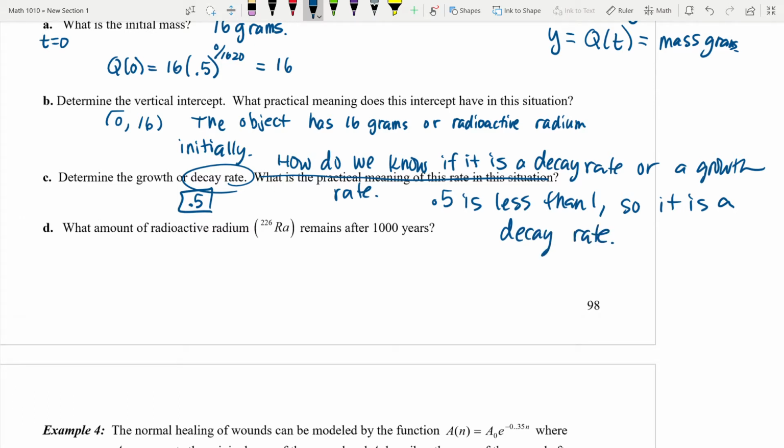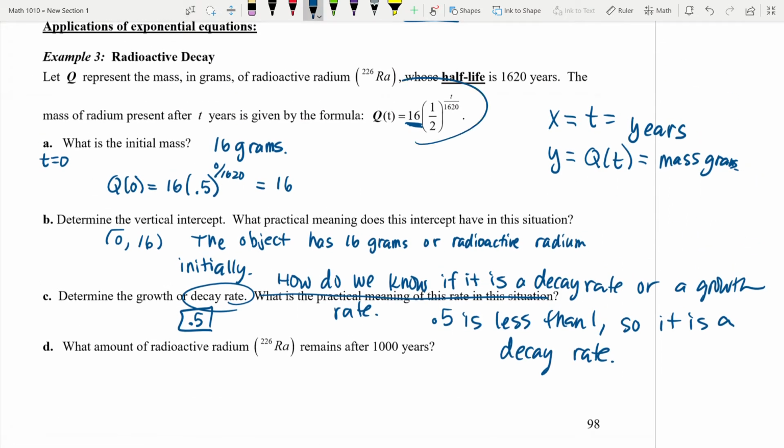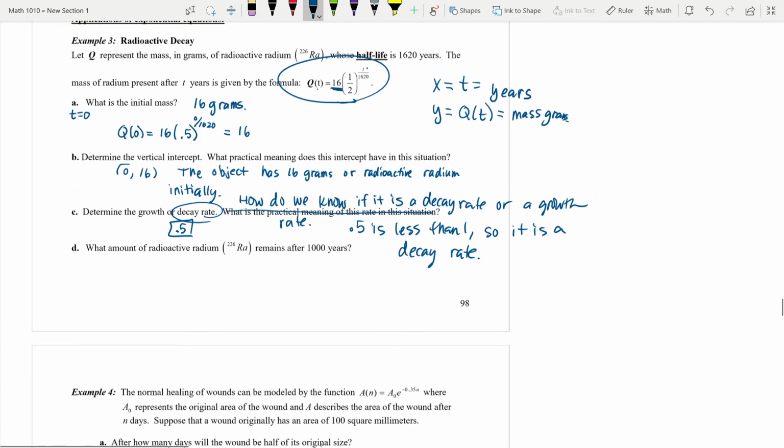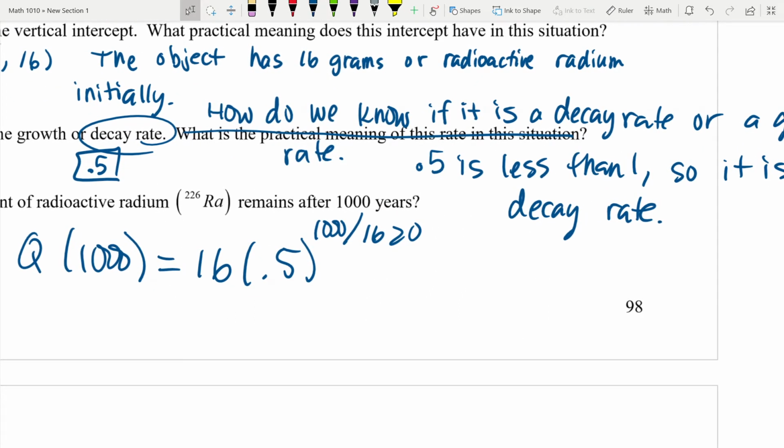Okay, question D. How much radioactive radium is present after 1,000 years? Every person in this room, am I going to put the 1,000 in for Q of T or in for T? Talk to me. T, yes. So everybody go Q of 1,000 is equal to 16 times 0.5 to the 1,000 over 1620, okay? You better know how to put that in your calculator correctly.